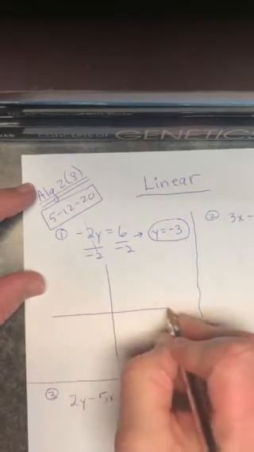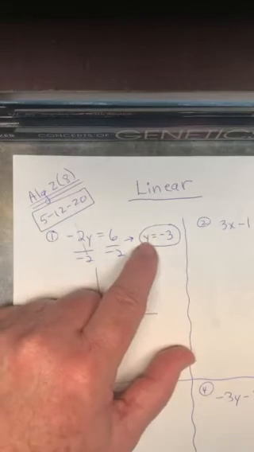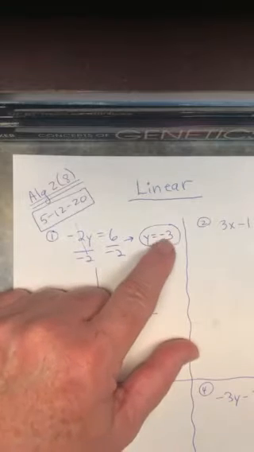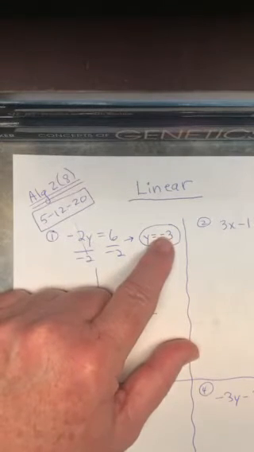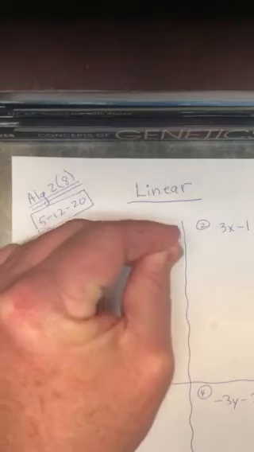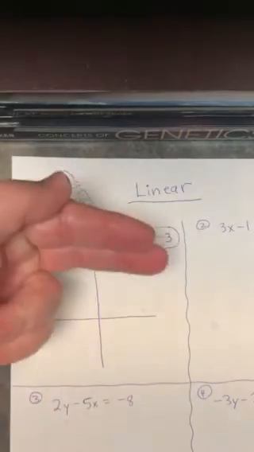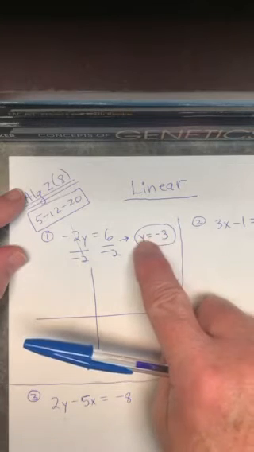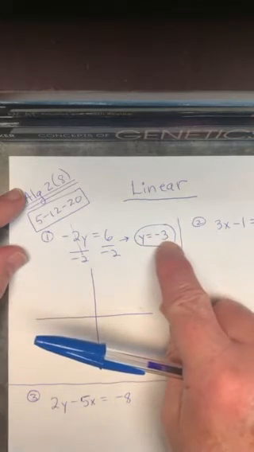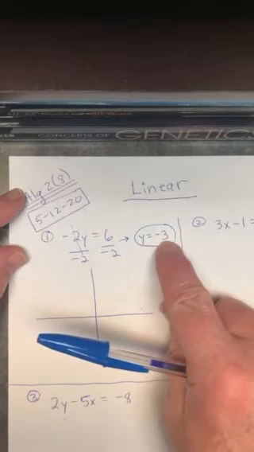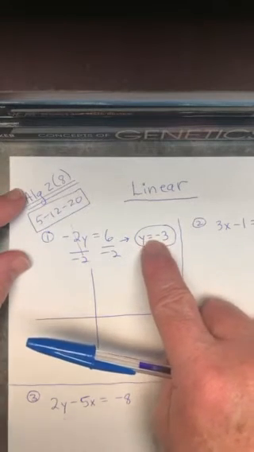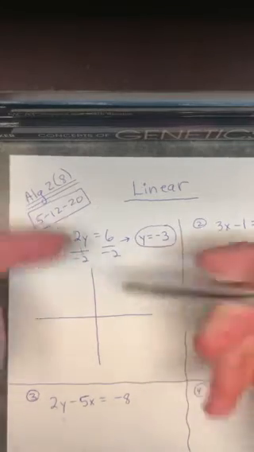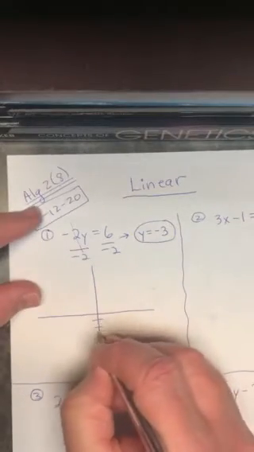Don't make this difficult. If you ever have a function that just says y equals some number and there's no x involved, we're not thinking y equals mx plus b and doing all the slope and the y-intercept stuff. This was called a constant function because you've got y equals some constant, some number. So literally, all we're going to do is, since it says y equals negative 3, we're going to go to the y-axis, and we're going to go down to the number negative 3.